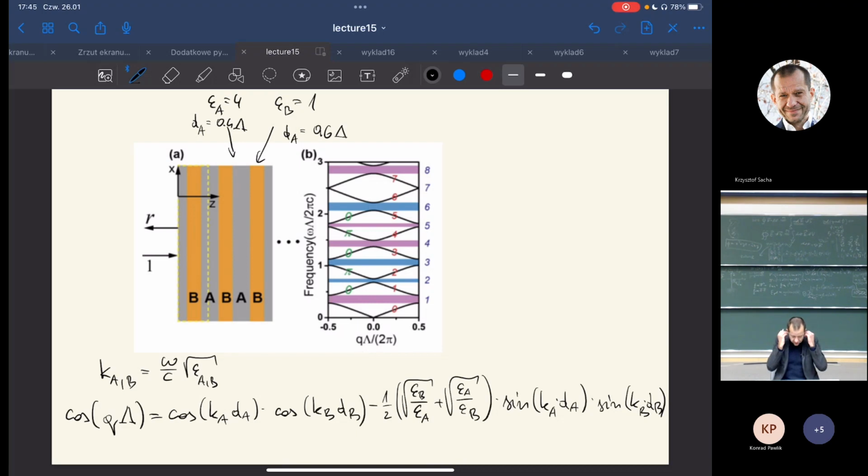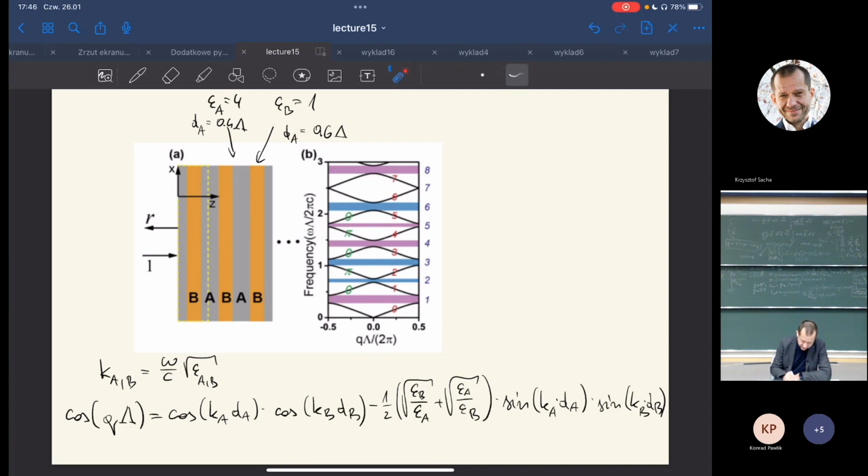And this equation allows us to find eigenvalues for frequency. And of course, the frequency is a conserved quantity, but it turns out that not all values of the frequency are allowed in our medium. And here, these are the solutions.